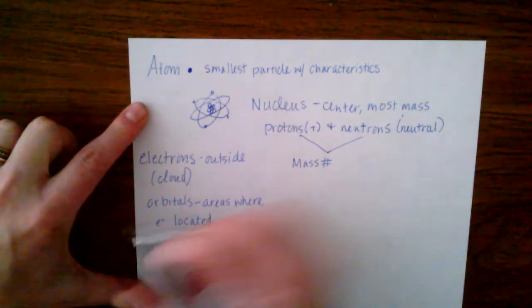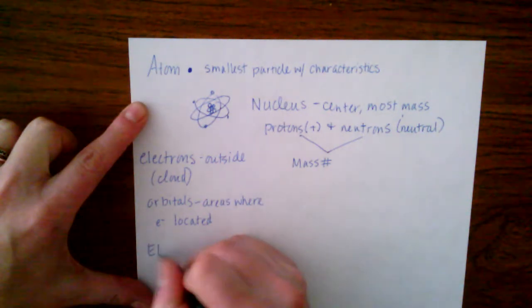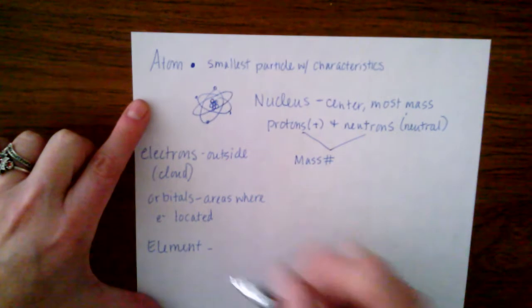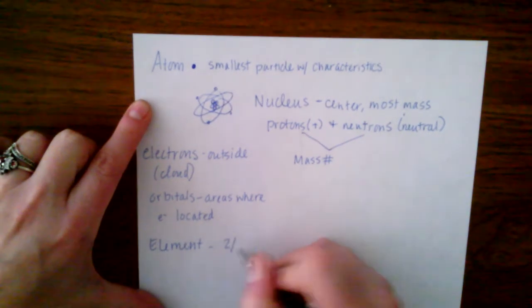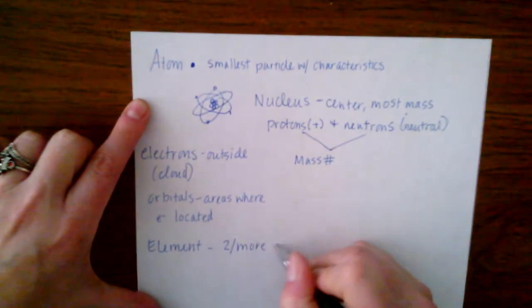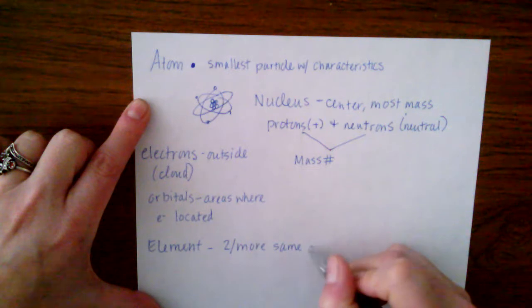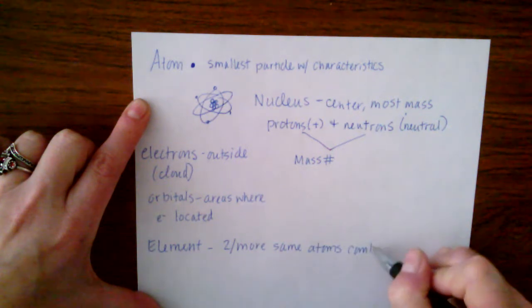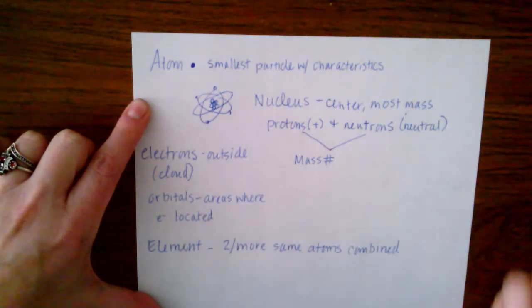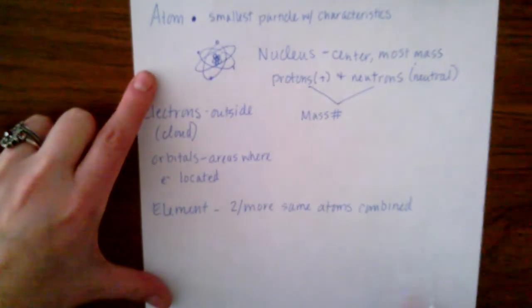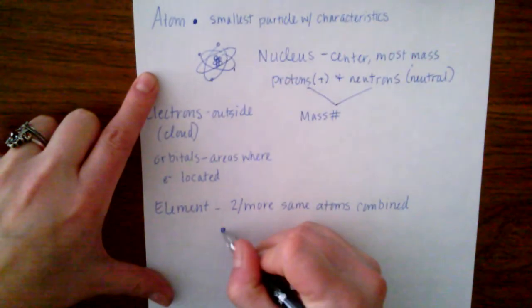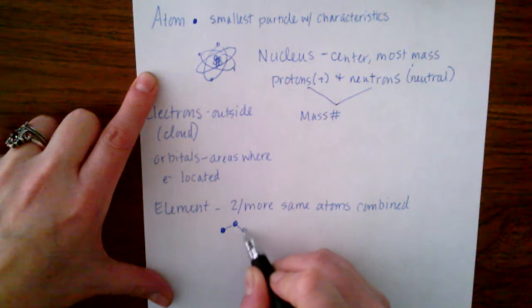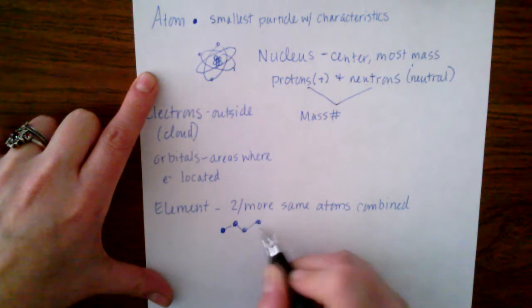Okay, next term I want to go over is an element. That's going to be two or more of the same atoms combined, bonded. Okay, so if we showed an atom as one dot, an element would be a lot of the same dots bonded together.